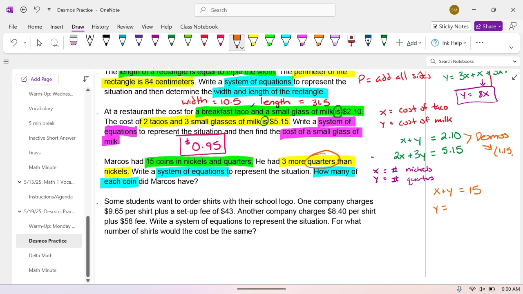If I have 3 more quarters than nickels, if I had 5 nickels, how many quarters do I have? 8. If I have 9 nickels, how many quarters do I have? 12.